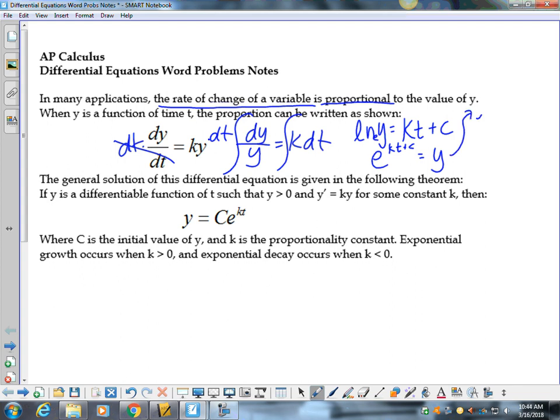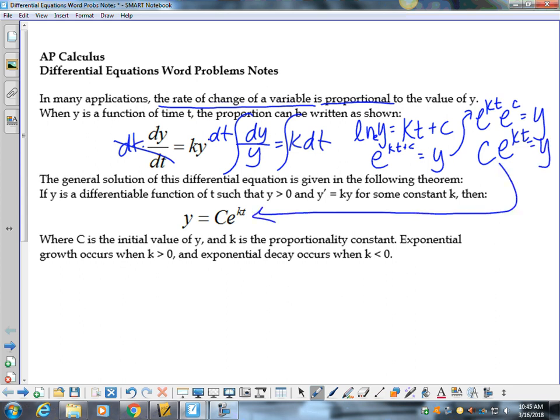You're going to make that e to the kt and e to the c equals y. And what's e to the c? The same thing as just a c, and I'm just going to pop them out front. And that's where that comes from.